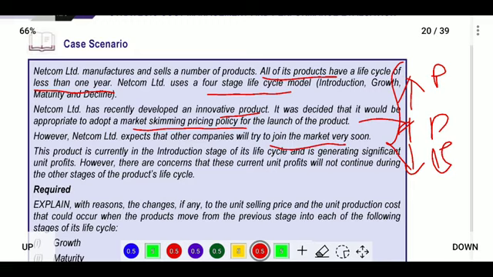Next, this product is currently in the introduction stage of life cycle and is generating significant unit profit. However, there are concerns that this current unit profit will fall during the other stages of product life cycle.